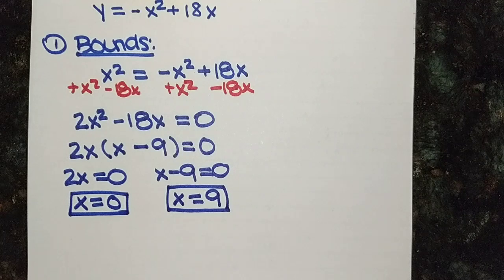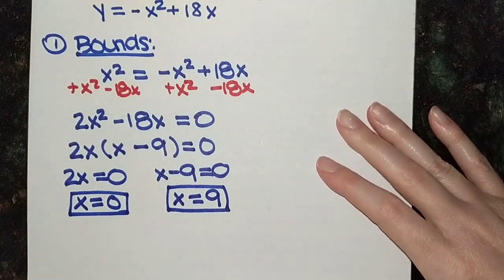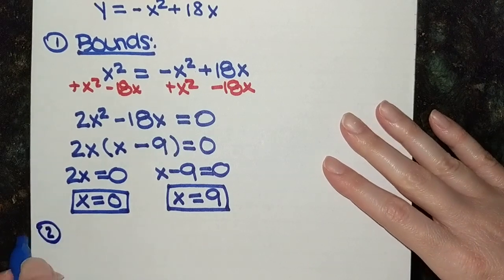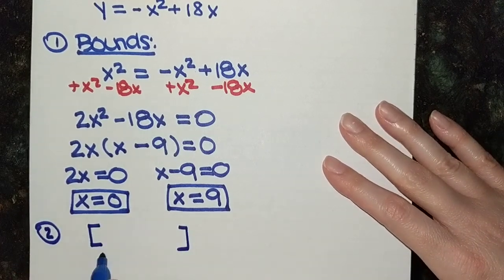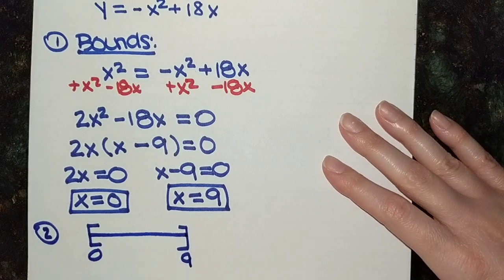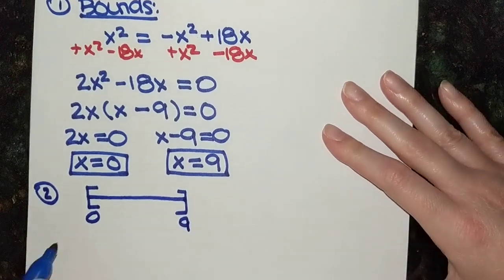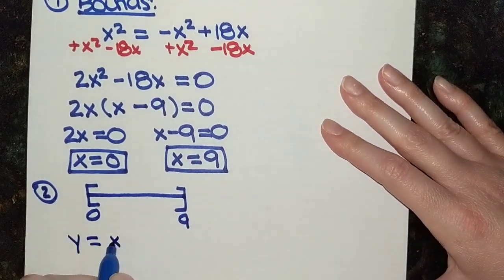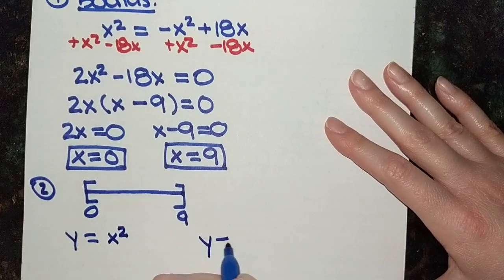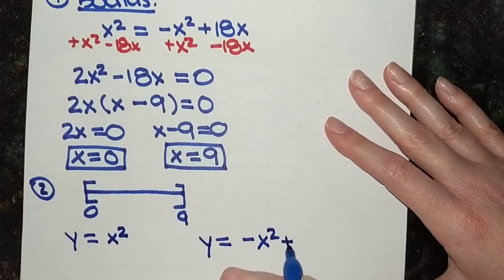All right, so once you have your bounds, 0 to 9, then you have to determine which of these is the bigger function. So you're integrating from 0 to 9, and I would maybe plug in 1, something like that. So you have y is equal to x squared as one function, y is equal to negative x squared plus 18x as the other function.